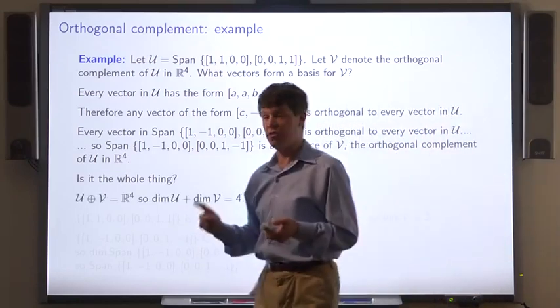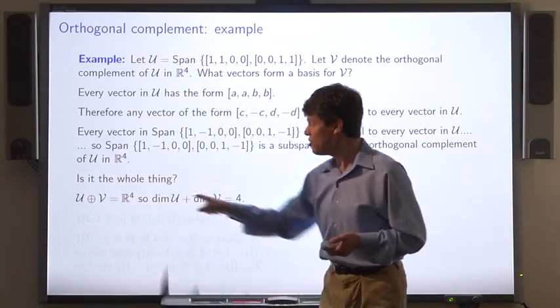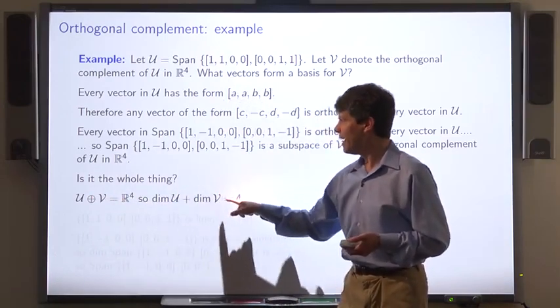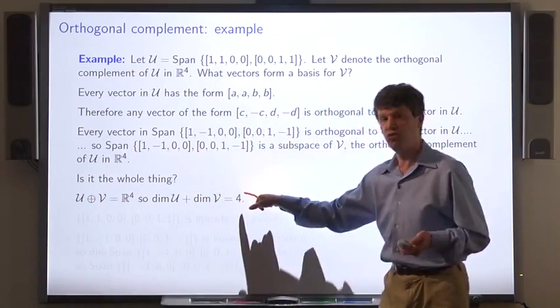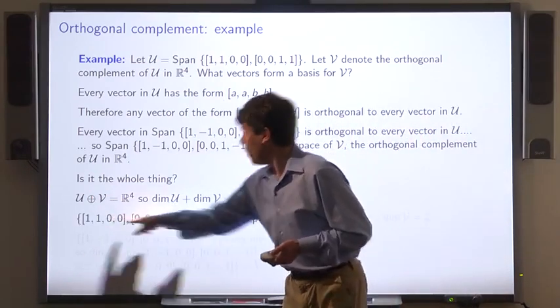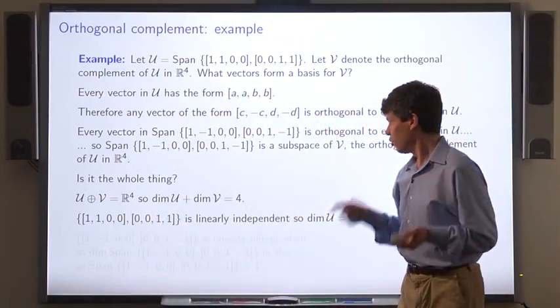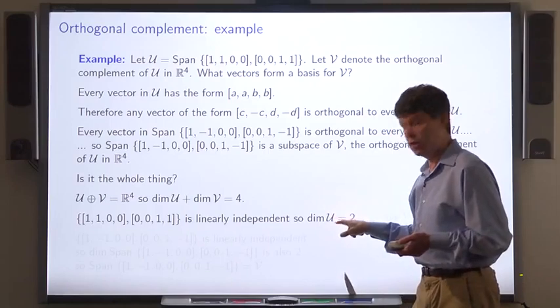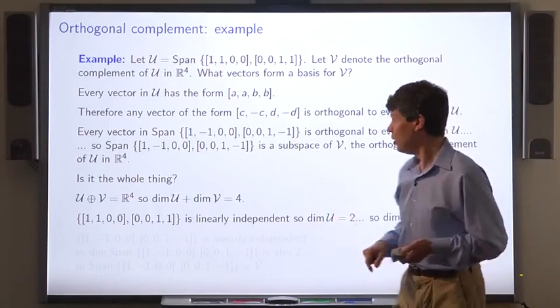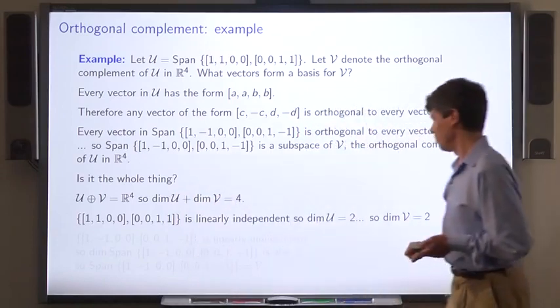Well, we know that the direct sum of U and V is R4. So the dimension of U plus the dimension of V is the dimension of R4, which is 4. Now, these generators for big U, they're linearly independent. So that shows that the dimension of U is 2. Plugging that in, we see, therefore, that the dimension of V is 2.